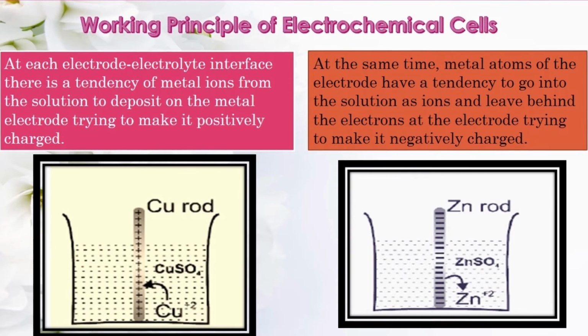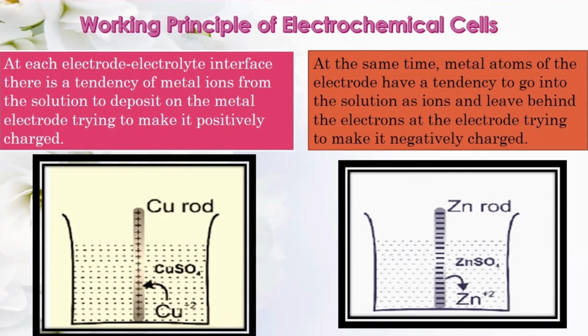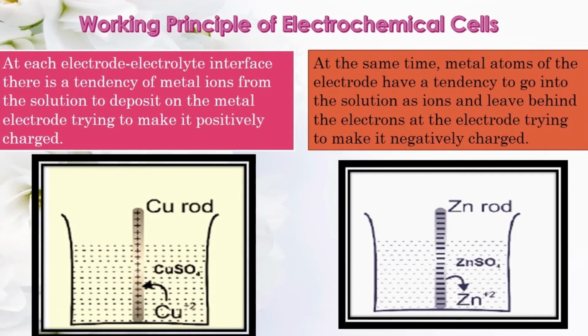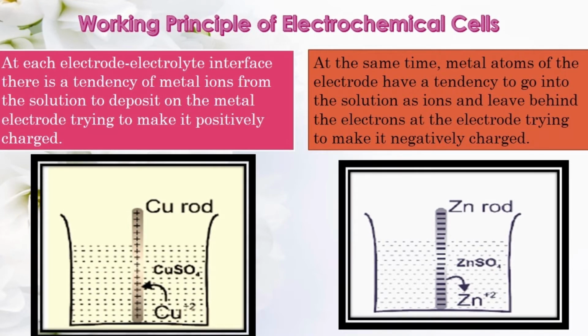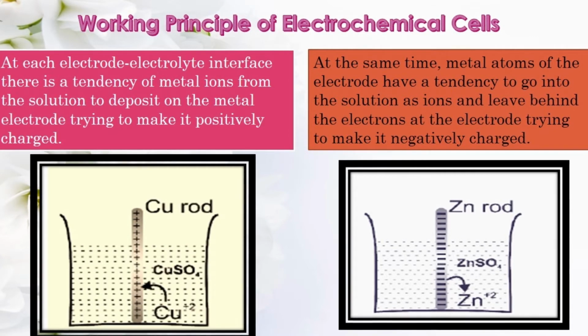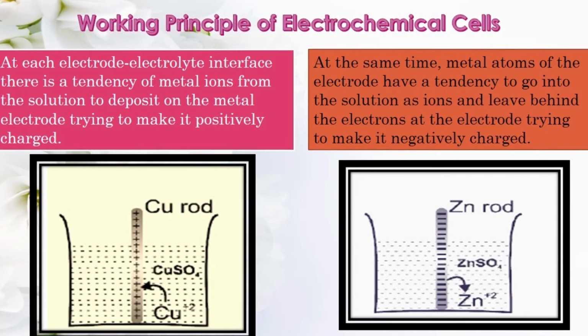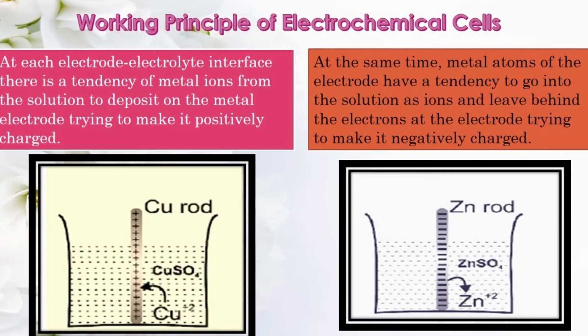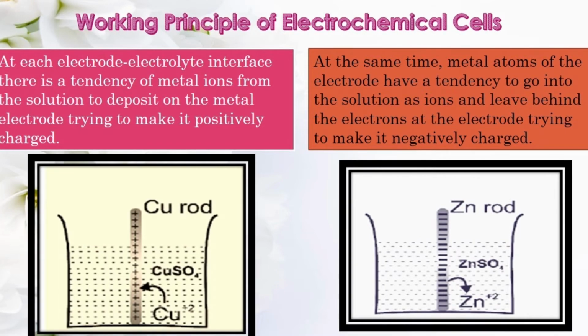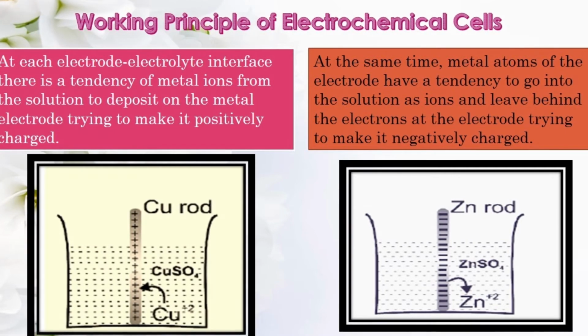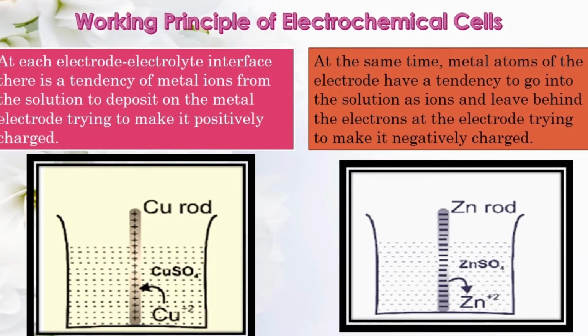At the same time, there is also another tendency at the interface. The metal atoms present in the electrode will dissolve into the solution as ions, leaving behind their electrons at the electrode. As a result, the electrode will get a negative charge.